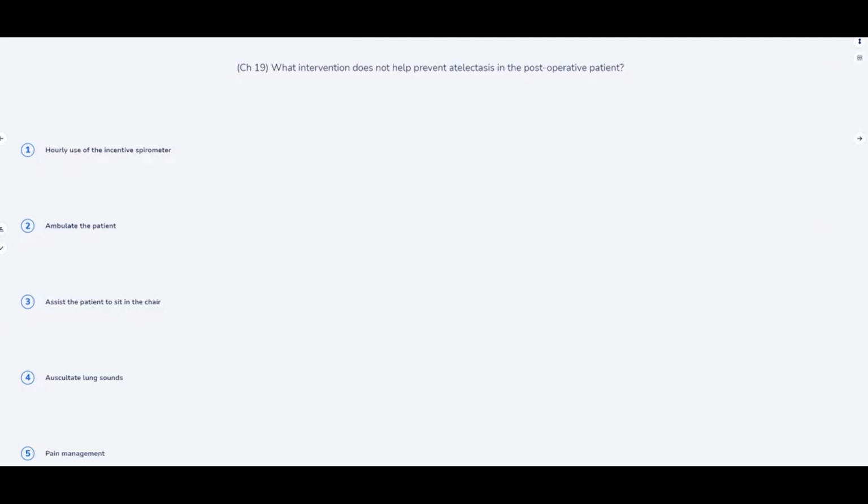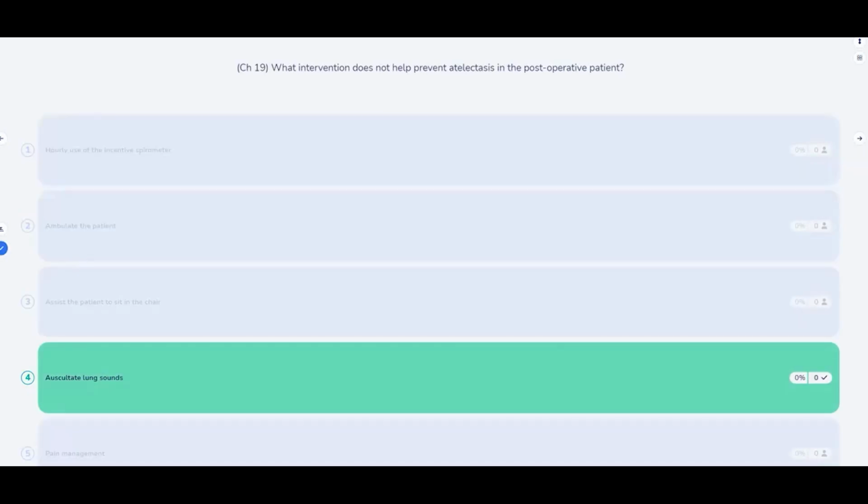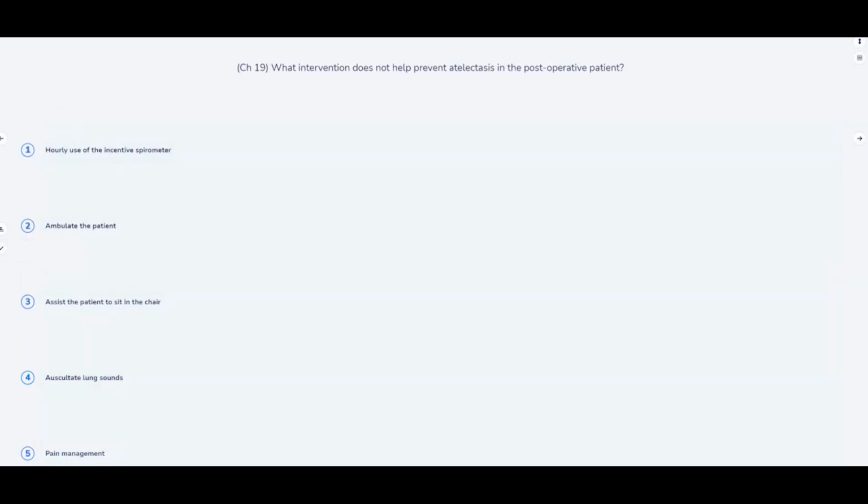So what intervention does not help prevent atelectasis in a post-op patient? Where would you go here if you were to pick this question? It's pretty obvious because there's really only one of these that's not an intervention. It's an assessment, so that wouldn't help prevent atelectasis. Auscultating lung sounds doesn't do anything for prevention. It does help us identify atelectasis early, but doesn't help with preventing it.